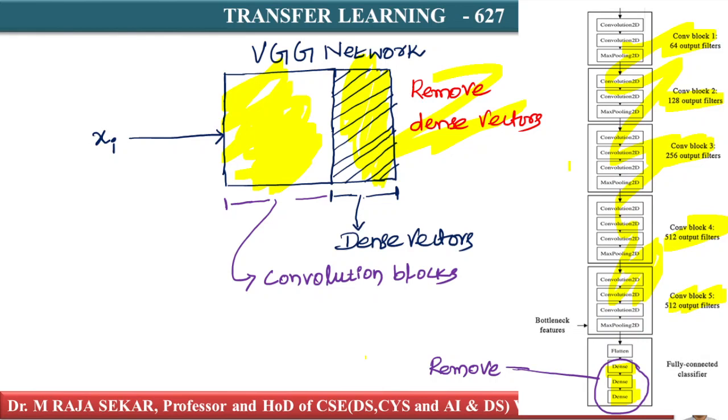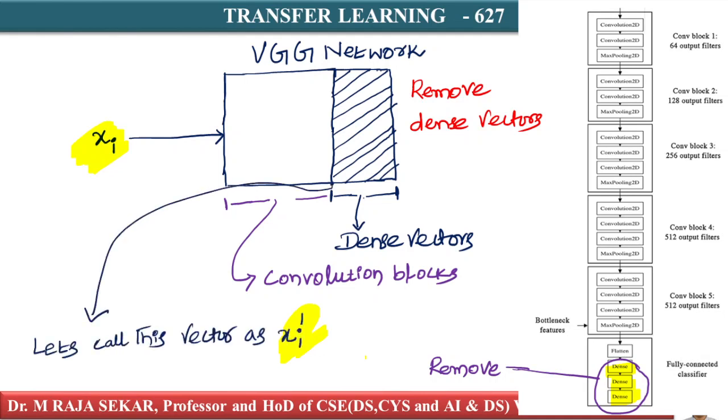So I will take the output. I will input xi. This xi is input. What will I get here? If I give xi, I take this vector. Input vector xi to VGG16.